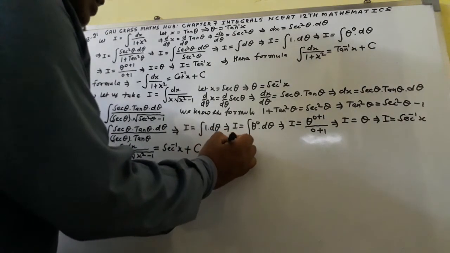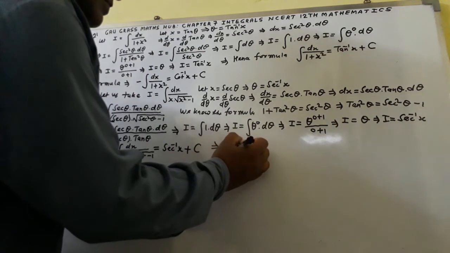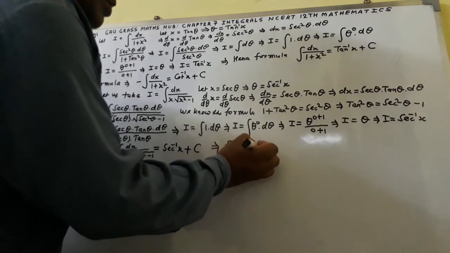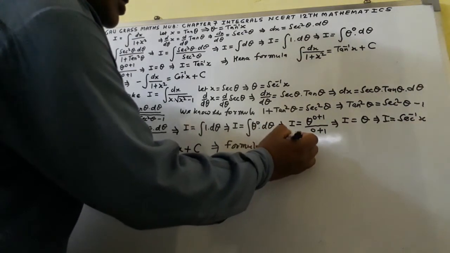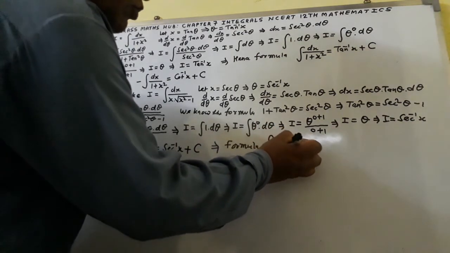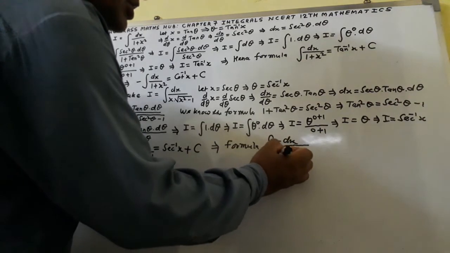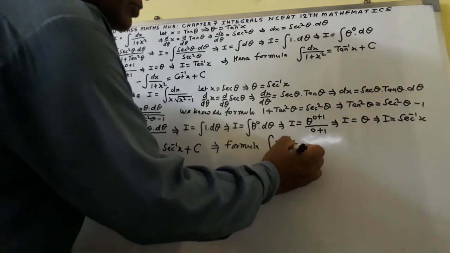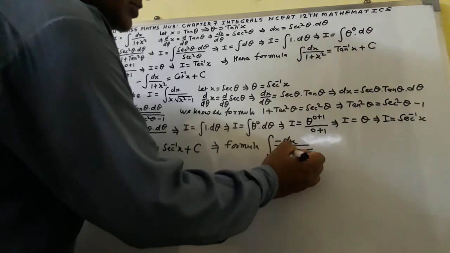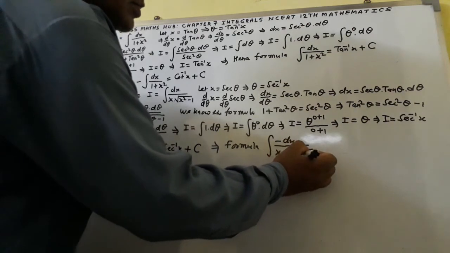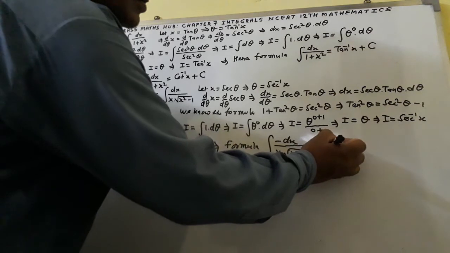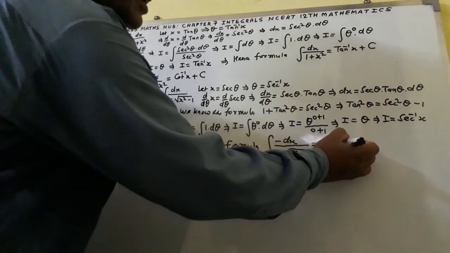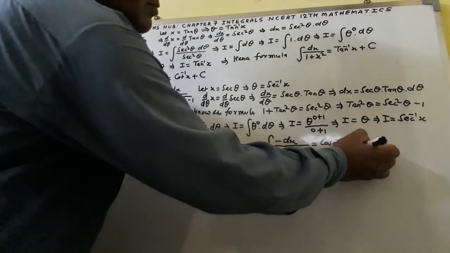So here I write next formula. Integral minus dx whole over x dot under root x square minus 1 we shall get cosec inverse x plus c.